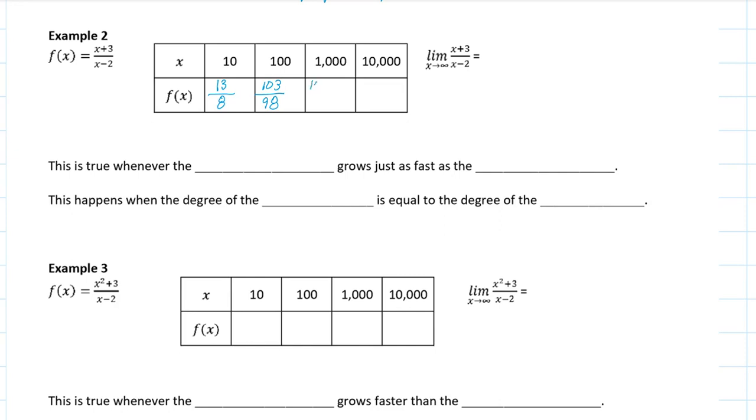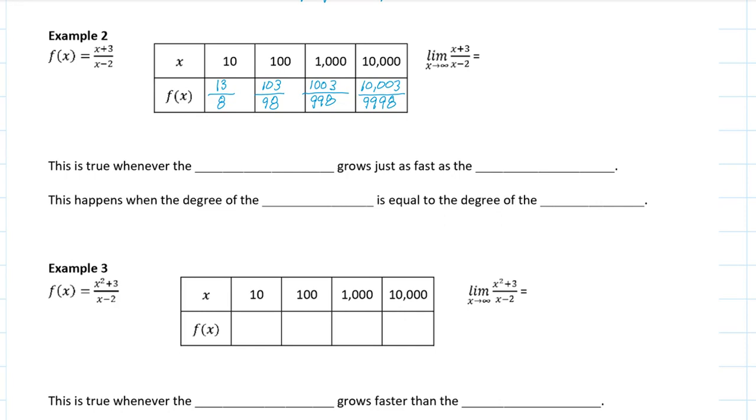And this time, when I do 1,000, I get 1,003 over 998. And then I get 10,003 over 9,998.